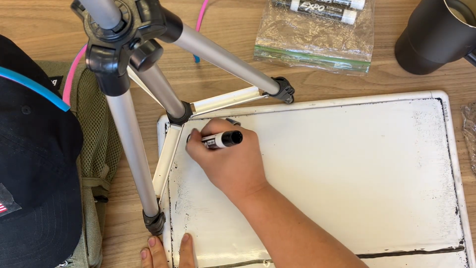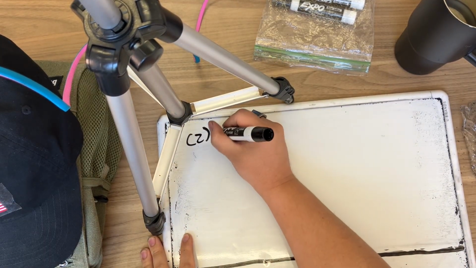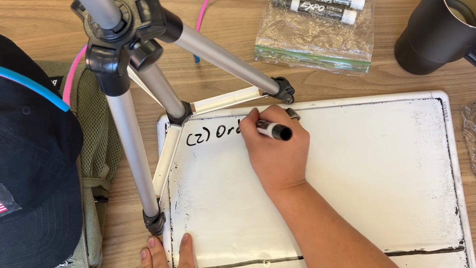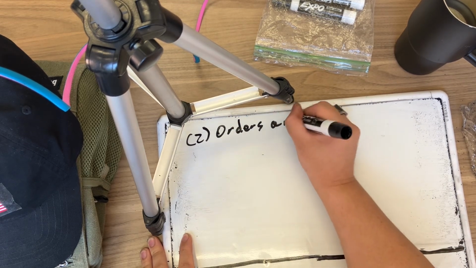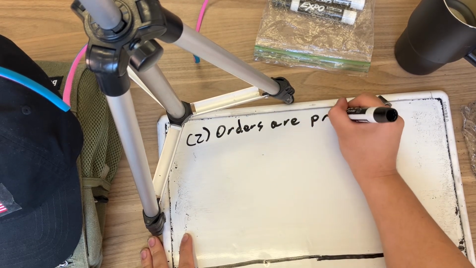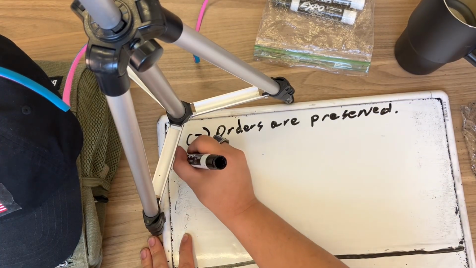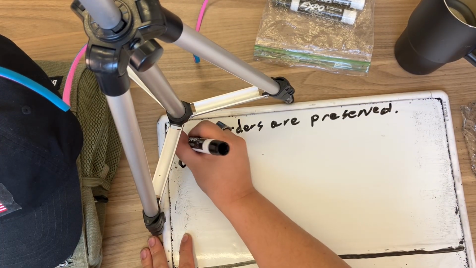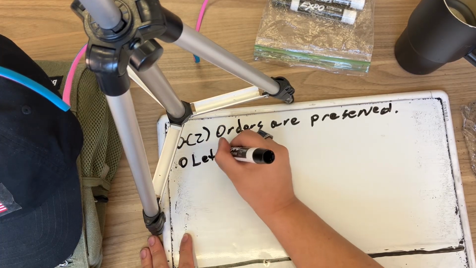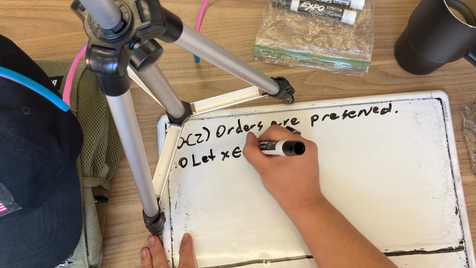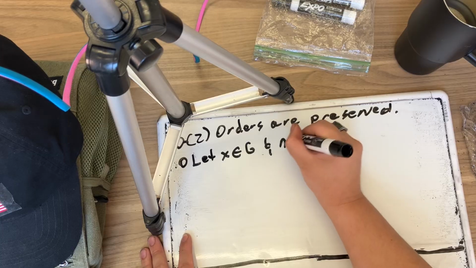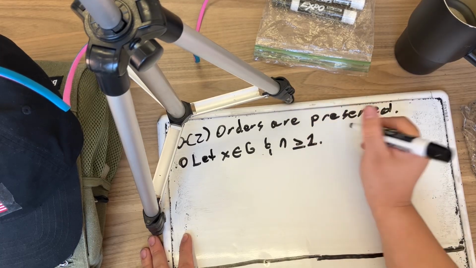For part 2, I want to show that orders are preserved. So let x be an element of G and n be greater than or equal to 1.